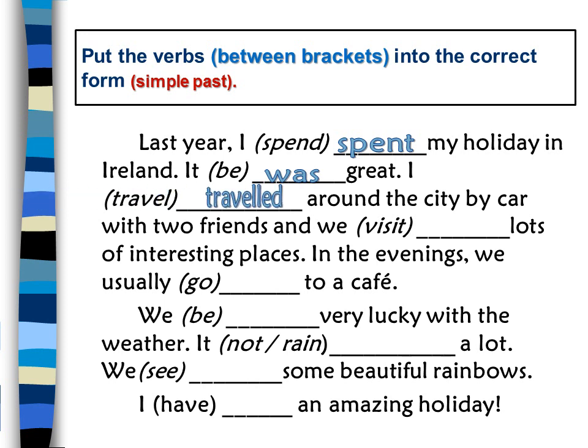I traveled around the city by car with 2 friends and we visited lots of interesting places. In the evenings, we usually went to a cafe. We were. Of course, were is used for the plural and was is used for the singular. And remember, were is also used for the second person singular.